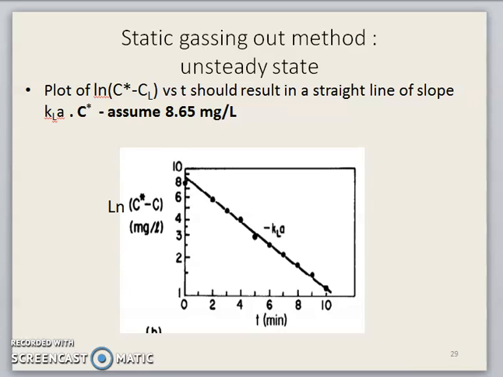When you have the data of the dissolved oxygen, the current recorded value of dissolved oxygen in the fermenter is referred to as CL.